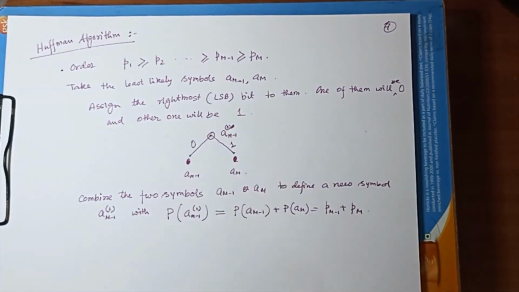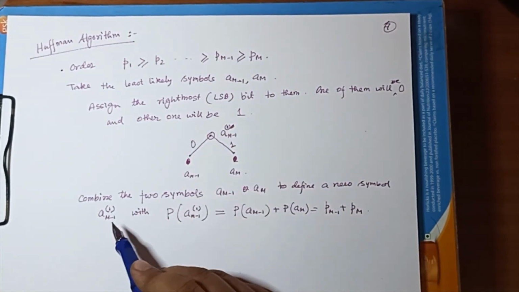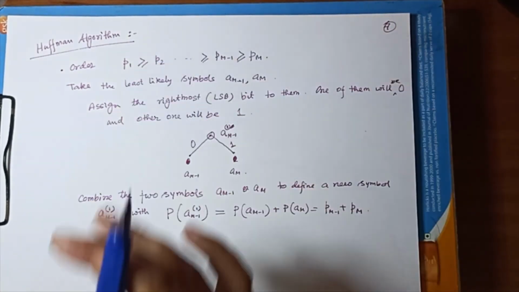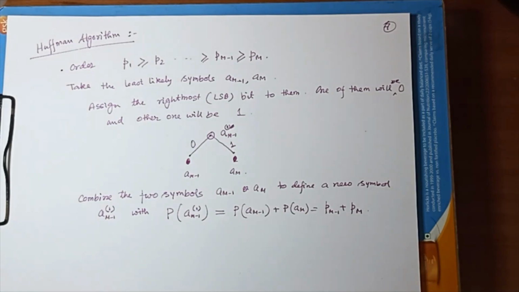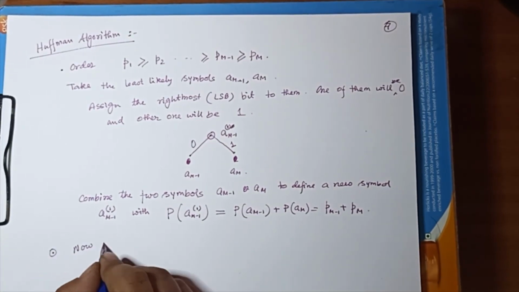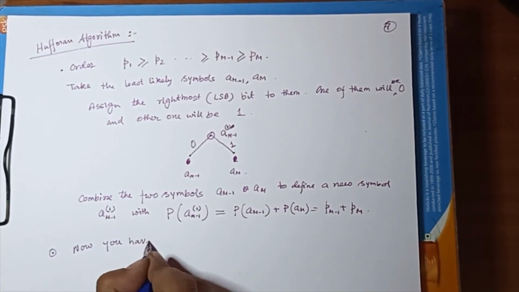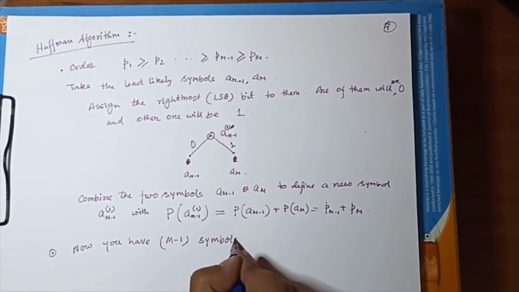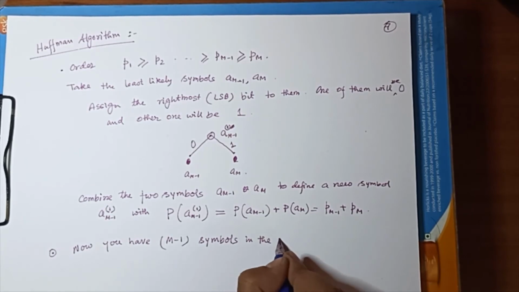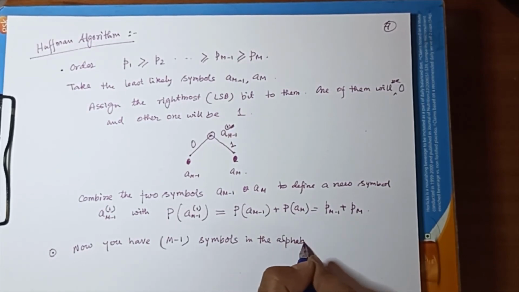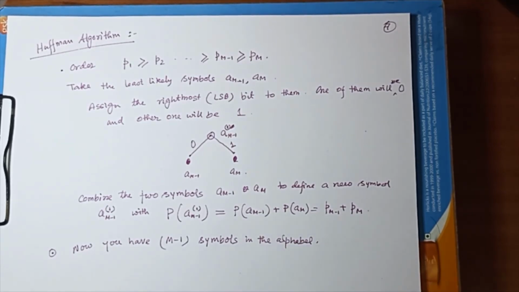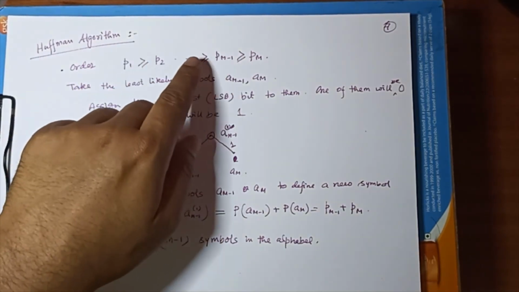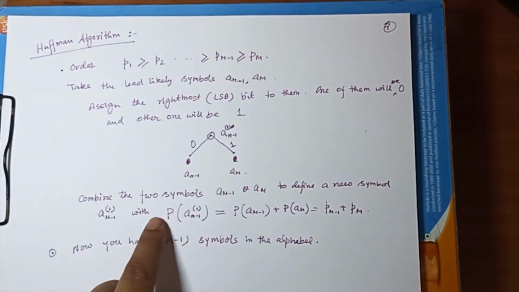Forget about this now. You have a new symbol, and with this, how many symbols are there in the original tree? M minus 1, because 2 are combined to get 1. So now you have m minus 1 symbols in the alphabet, and you have the corresponding probabilities: p1 to p_{m-2} and this new probability.